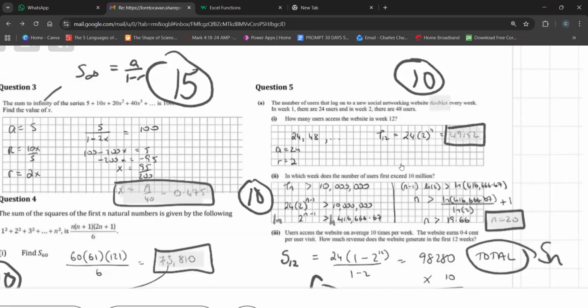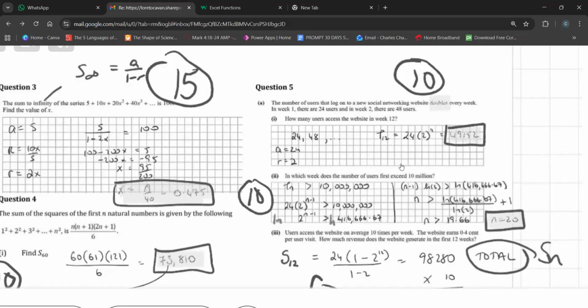And in week two, there are 48 users. This question gave you quite a good clue if you ask me. If you were confused about whether this was arithmetic or geometric, just look at the question again. The first sentence says the number doubles every week, and it even gave you that 24, 48.